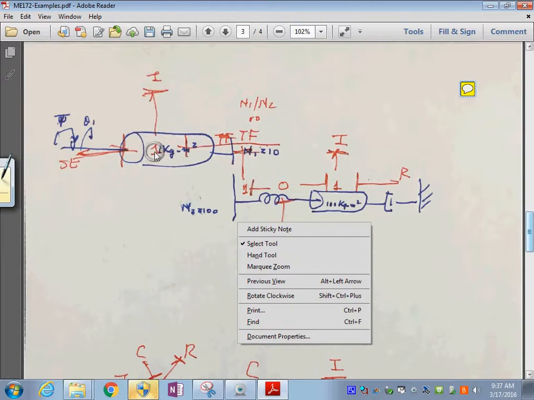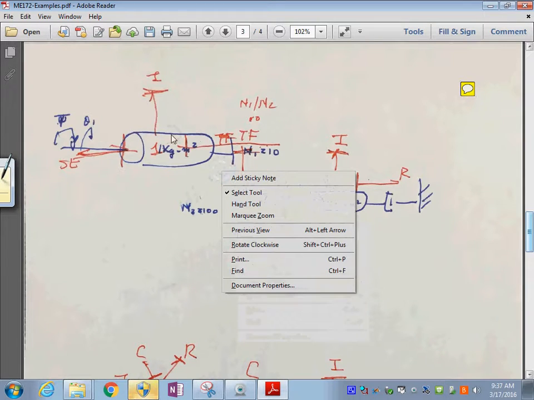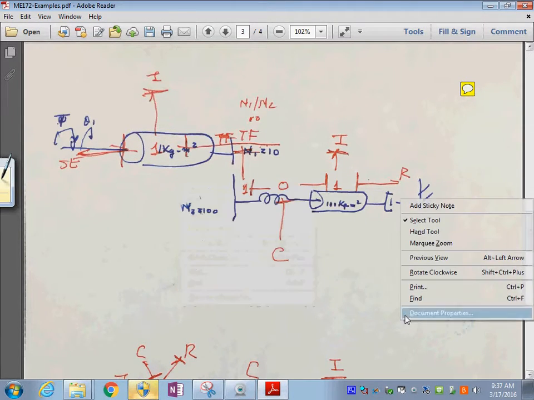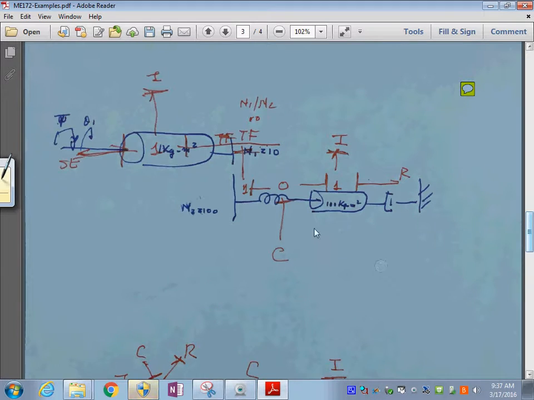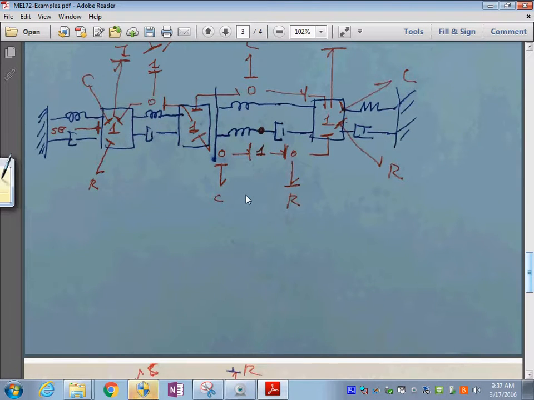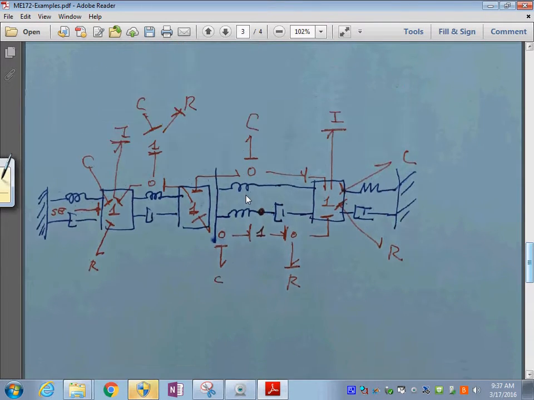So you have this one and this one, but you see in between this and this you have this C element. So let me back up a little bit. How do we start building this? 1, 1, 1. After we do the ones, we attach the elements.